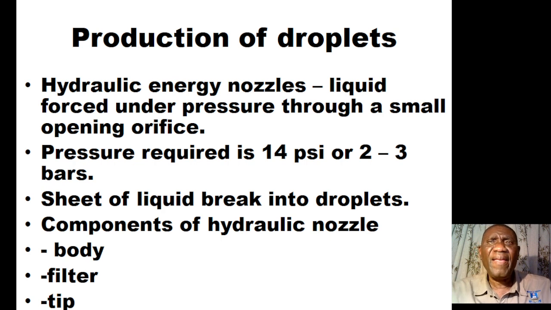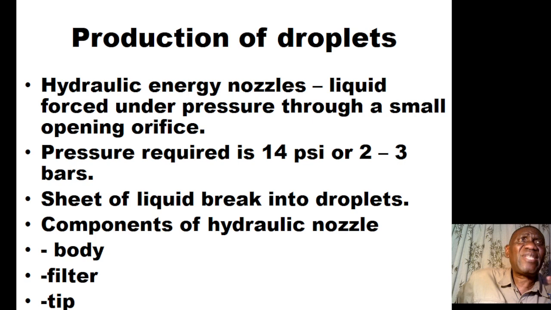So let us look at the production of droplets. There are certain nozzles which are known as hydraulic energy nozzles. Within the hydraulic energy nozzles, a liquid is forced under pressure through a small opening, an orifice. So you force a liquid through a small opening.